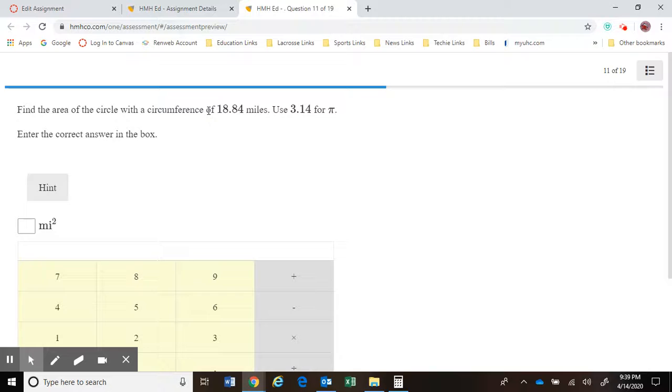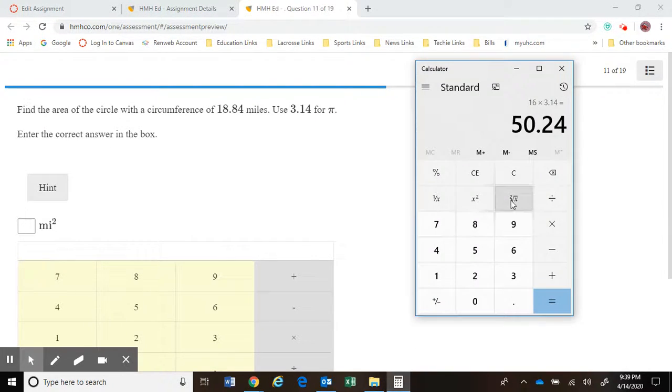All right, circumference. Again, I want to find diameter, so I need to divide by pi, right? So 18.84 divided by 3.14 first. 6 is now my diameter. To find radius, I divide by 2.